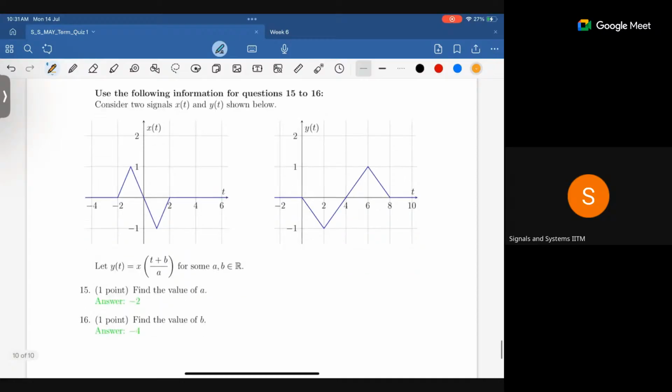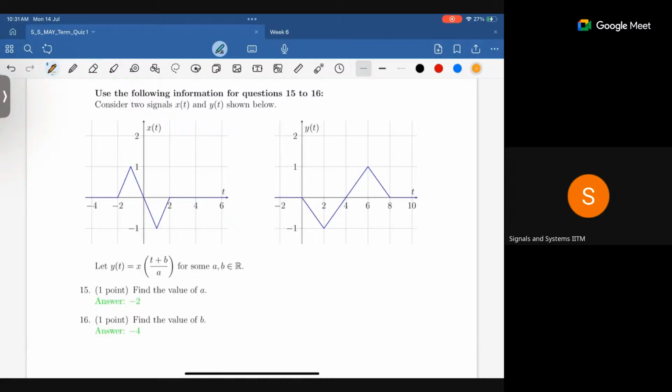And yeah, this is also okay, no? So what we did, this is x of t and this is y of t. We said the y of t and x of t are just shifted scaled versions of each other. And we asked you to give the shifting and the scaling part.